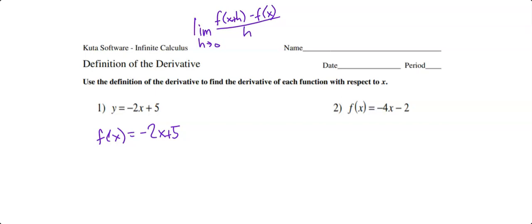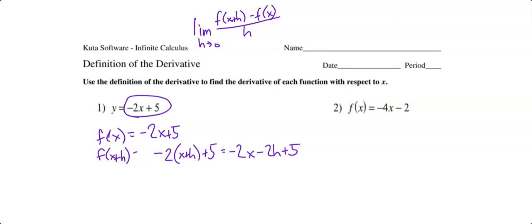So f of x plus h means just substitute x plus h in place of the x. So this becomes negative 2 times x plus h, plus 5. And that's going to be negative 2x minus 2h plus 5. And then my f of x is just what I started with. So let's put that all together.